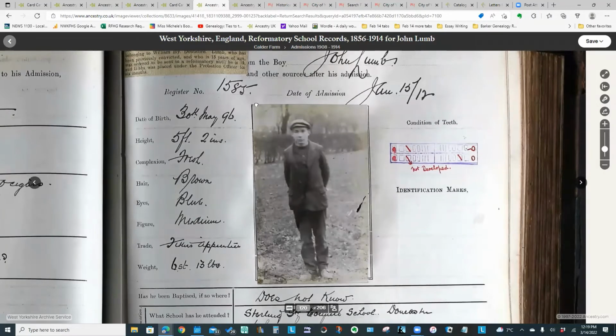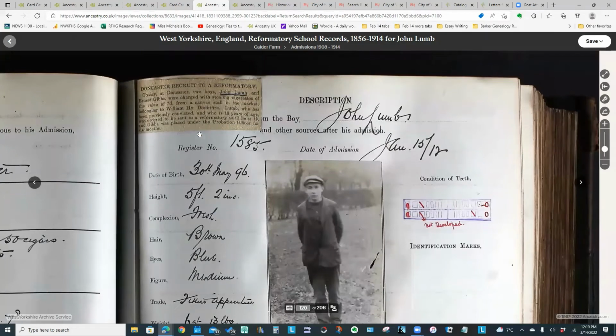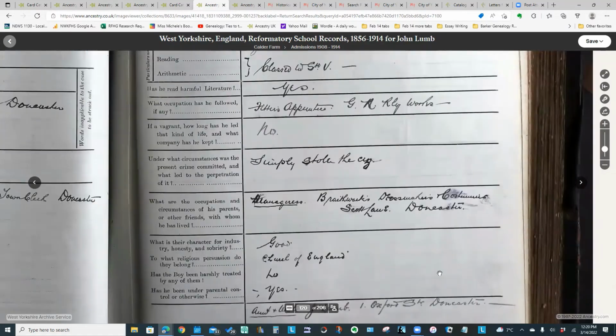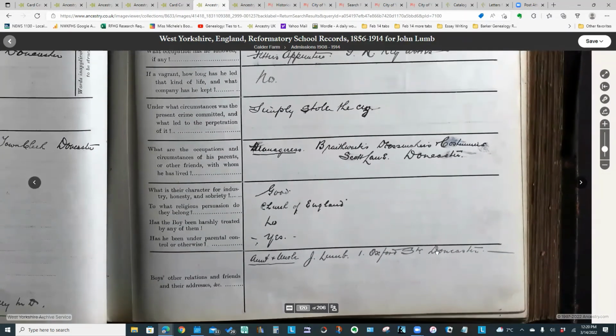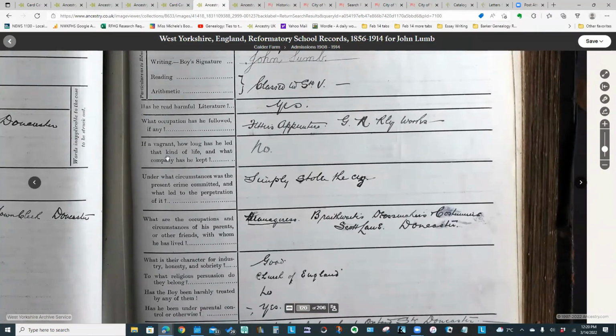I guess they felt that was really important. And they've also attached a newspaper clipping where the details were reported. So from a genealogy standpoint, again, at the bottom, it lists other relatives. I now know an aunt and uncle and their address. This is all their admission records.